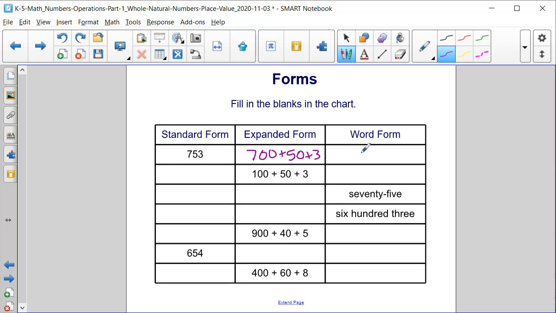And when we write out the number in word form, it will be 753.